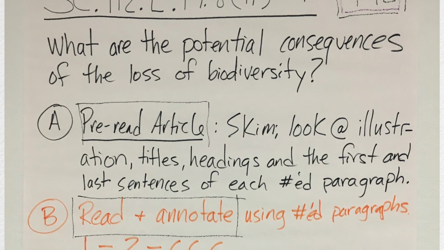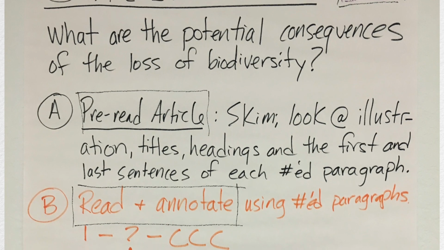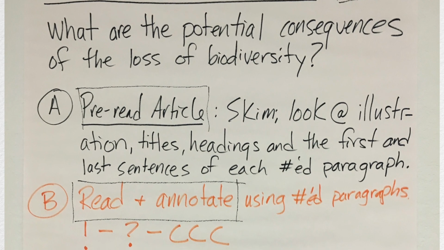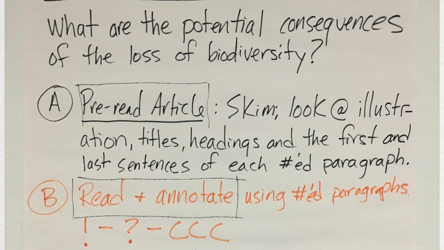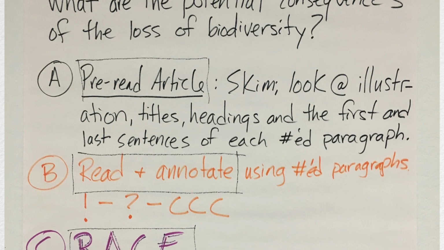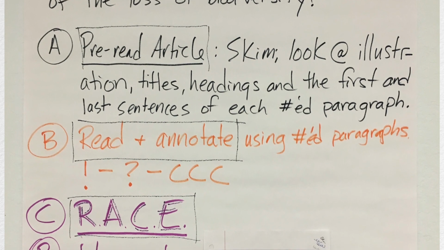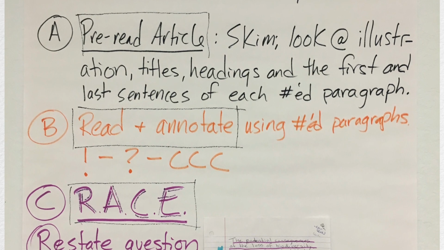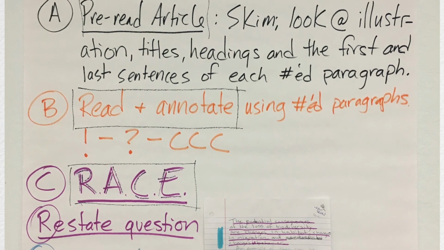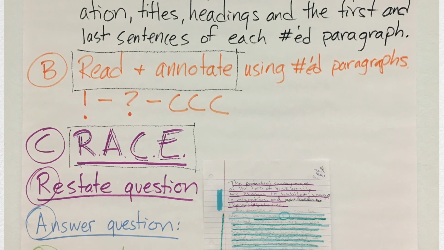All right, so we had a different order for each part. So like she said, I read the article. I numbered the paragraphs first. That way when I went to cite my evidence, I can say where I got that evidence from. I restated the question and answered it at the same time there.